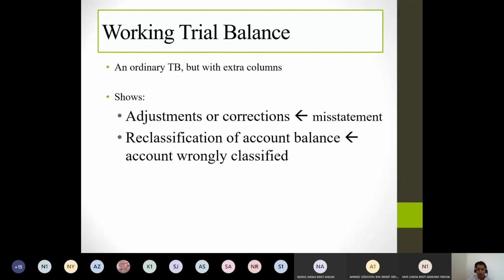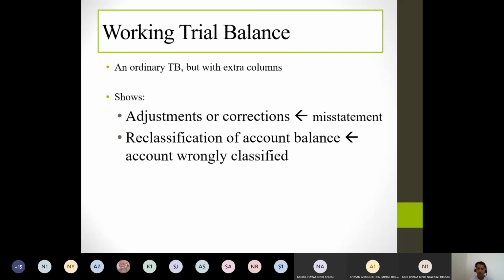So let's go first to the working trial balance. An ordinary trial balance, but with extra columns that the auditor will include. Normally, we will include one column for adjustment or correction if we find that, let's say, we ran some substantive test of transactions and found that it is incorrect.